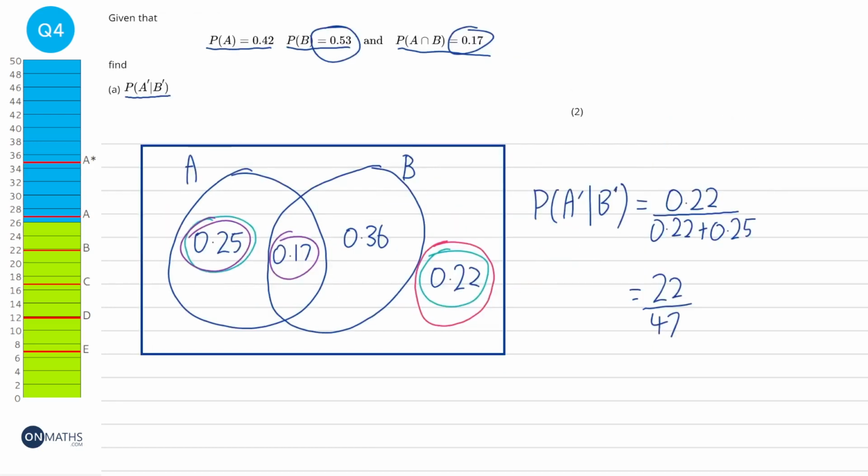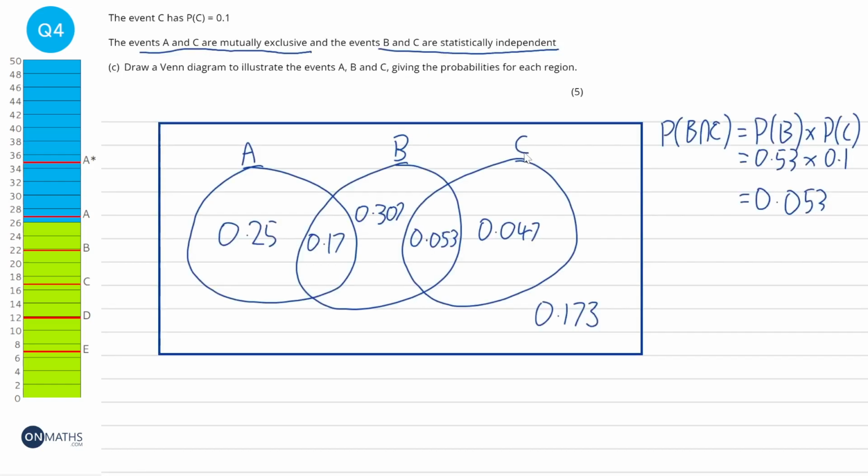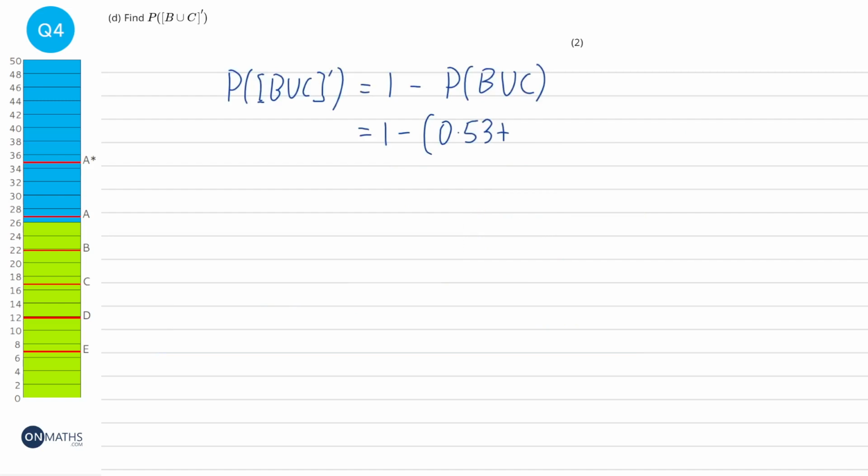So the probability of B is 0.53. And the bit remaining is the 0.047. And so when you add them, sorry, you get 0.577. Take that away from 1 and you get 0.423.